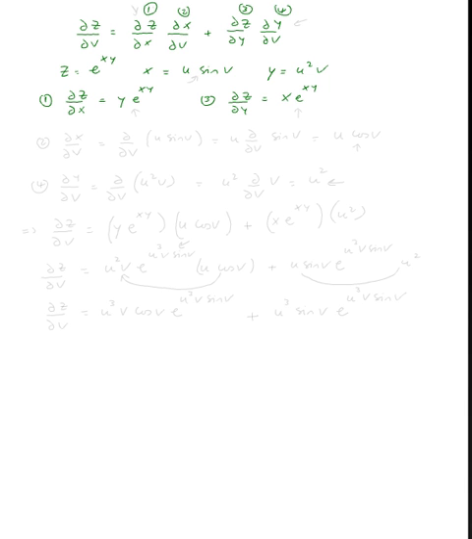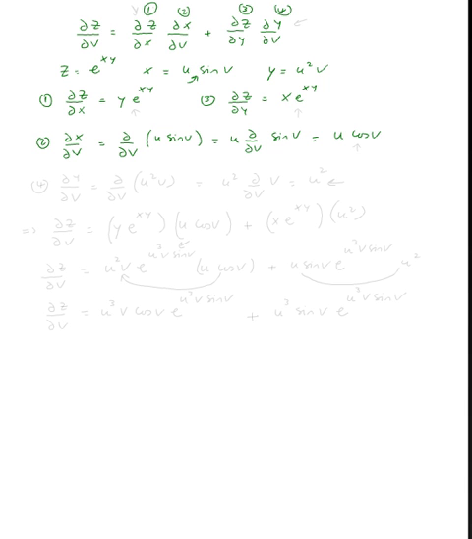Now all we have to do is 2 and 4. 2 is partial x with respect to v, which is partial with respect to v of x, u sine v. Now the u is constant, take it outside, partial with respect to v of sine v, but this is just derivative of sine of v is cosine, so this is u cosine of v.